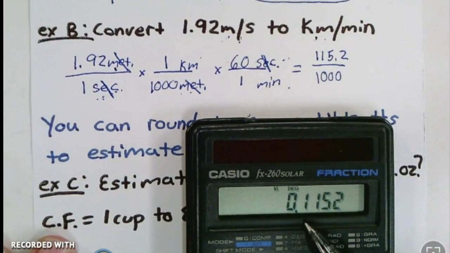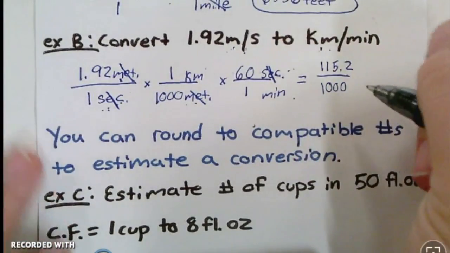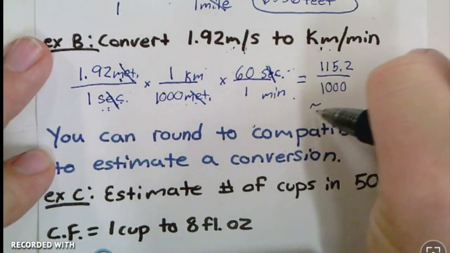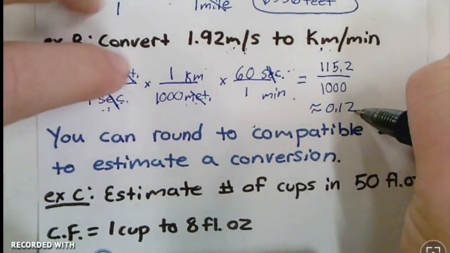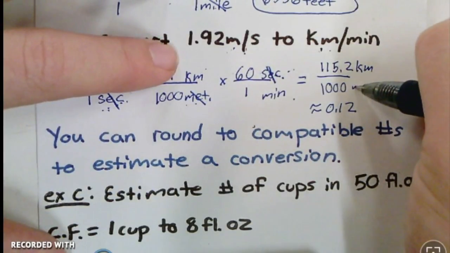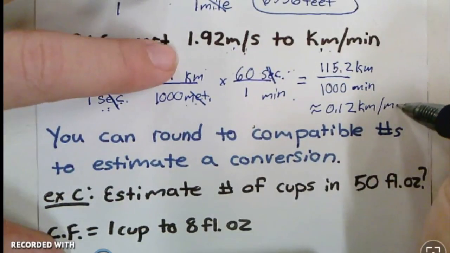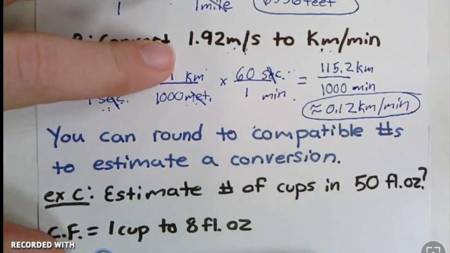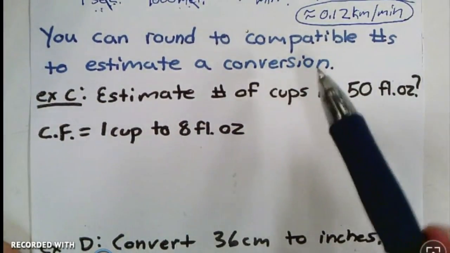I'm going to take it to the nearest hundredth, so I look at the thousandths place, this 5, which will round that up to a 2, and I'm going to say that my answer here would be about 0.12, and my labels that are left here are kilometers per minute.